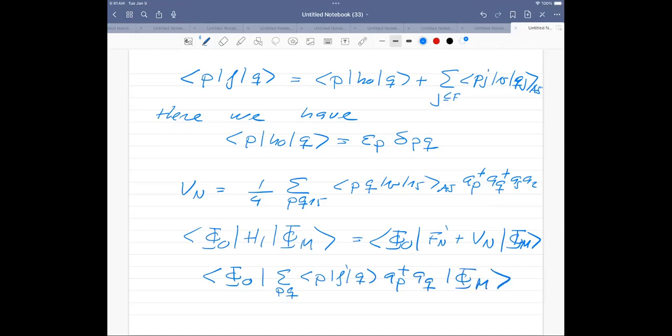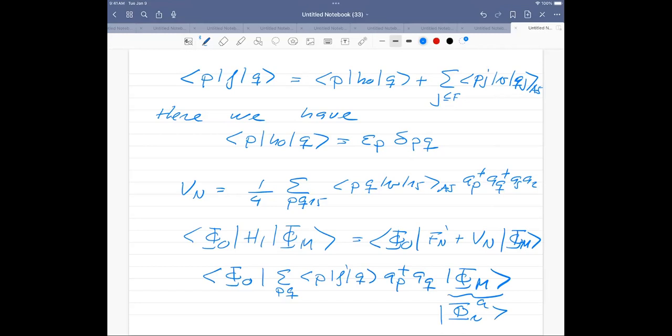So the only possibility we can have, which gives something which is non-zero, is if this guy here is given by a one particle, one hole state. If I have a two particle, two hole state, I will have two operators which will not be contracted.